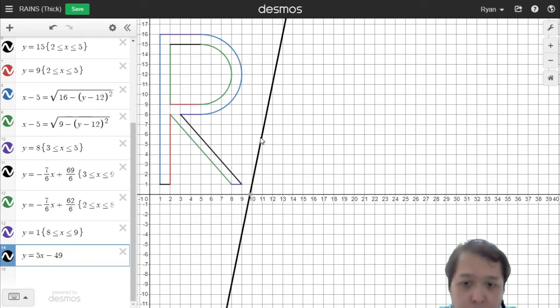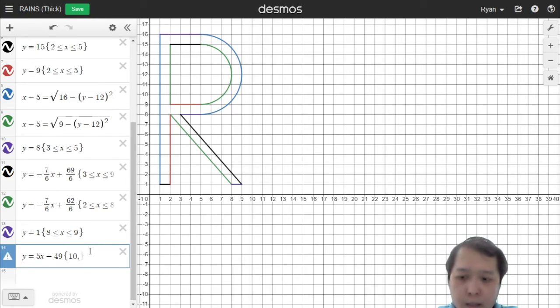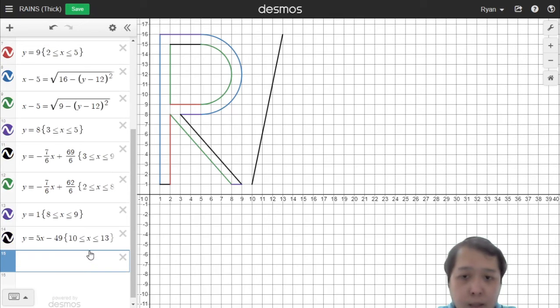Yes, 49 it is. Interval 10 until 13. Yep, that's perfect. That's the gradient.